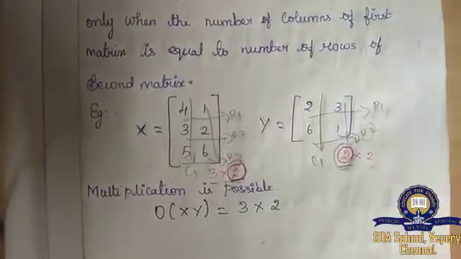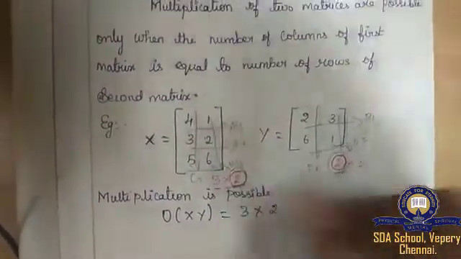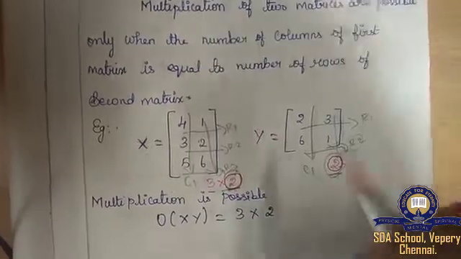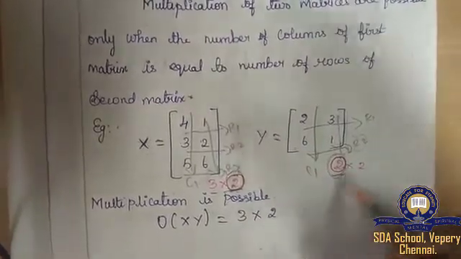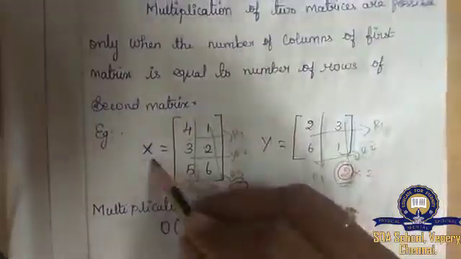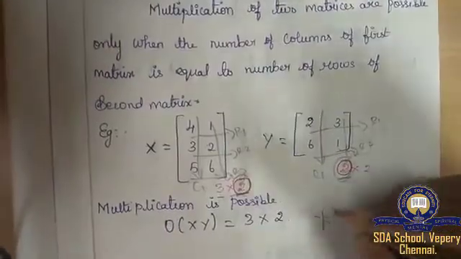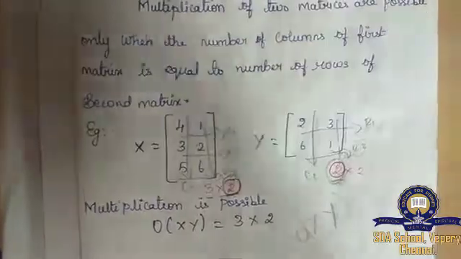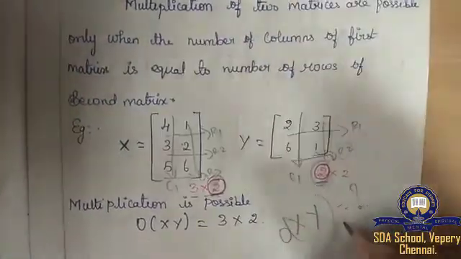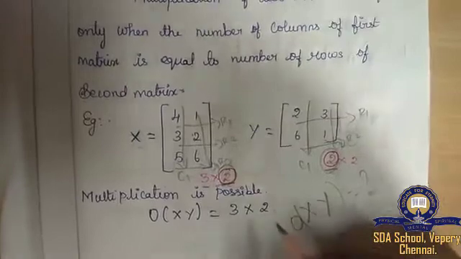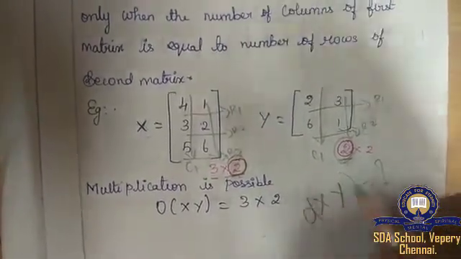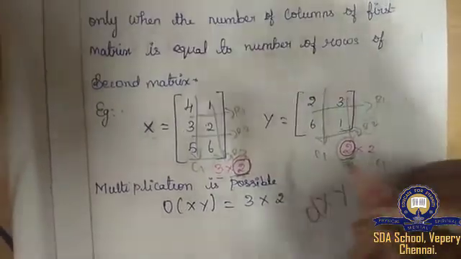Again, if the numbers in between are the same, then the matrix multiplication is possible, so that you can multiply the two matrices, children. So you can get the resultant matrix, right? If you multiply matrix X and Y, your resultant matrix will be XY. Am I right? Then what will be the order of this resultant matrix? Here I will tell you, the number of rows and number of columns in this resultant matrix is nothing but, how to find it out?